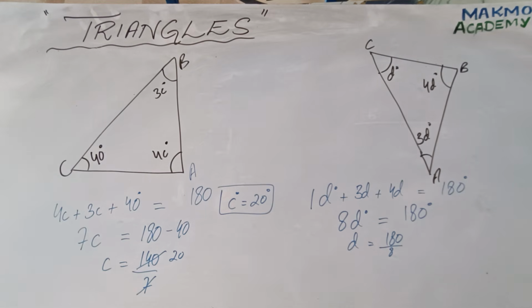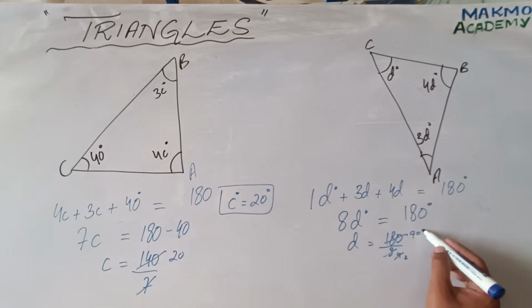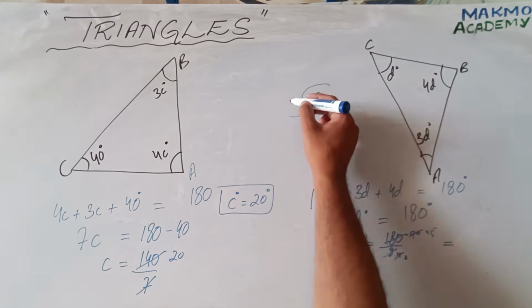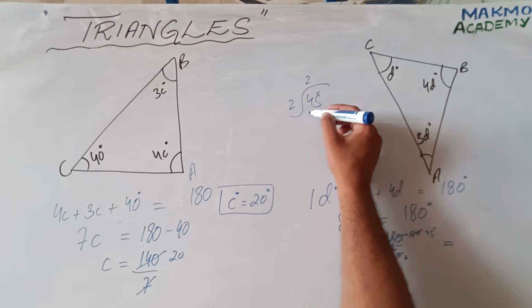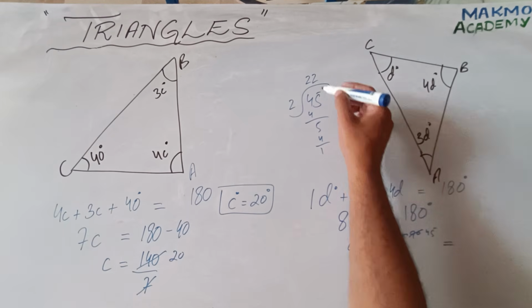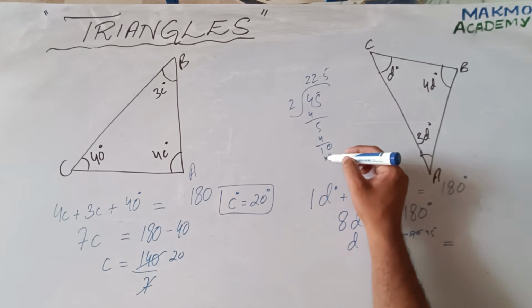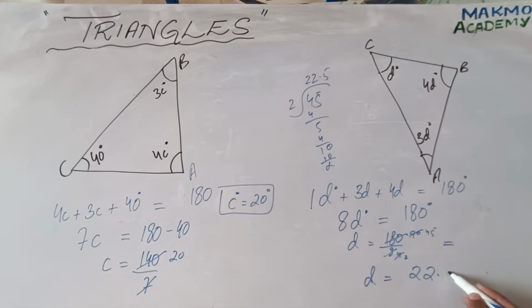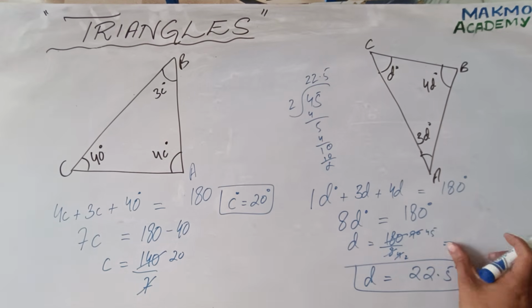Now let's simplify. 2 4s are 8, 2 90s are 180, then 2 2s are 4, 2 45s are 90. Then the final answer would be to divide 45 by 2. Half of 45: 2 2s are 4, 5 is left over, 2 2s are 4, 1 is left over, so 22.5. So D is equal to 22.5 degrees. So this is how we can find out the value of the unknown in a triangle.